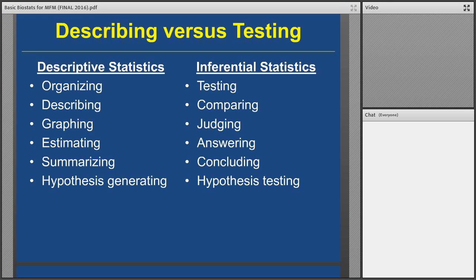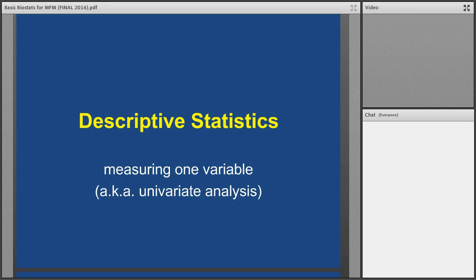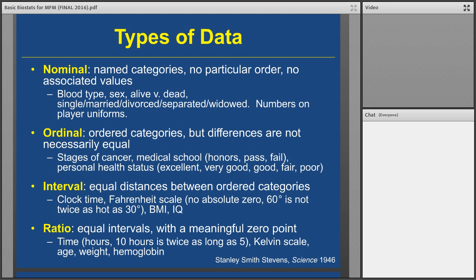And first, when we're dealing with a data set, the first thing that we need to do is approach describing it. So descriptive statistics are measuring one variable, and the fancy term for it is univariate analysis. If you don't want to keep it so simple that you're just talking about descriptive statistics, you can use the fancy term univariate analysis.